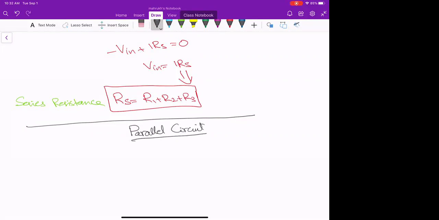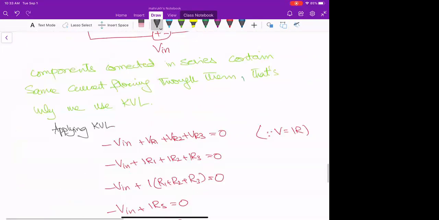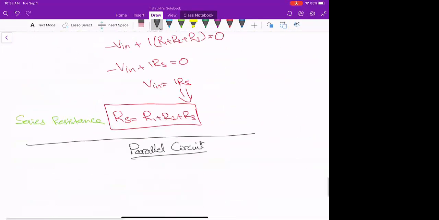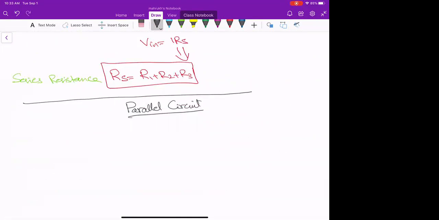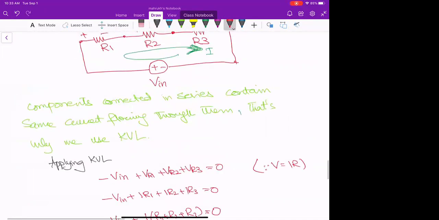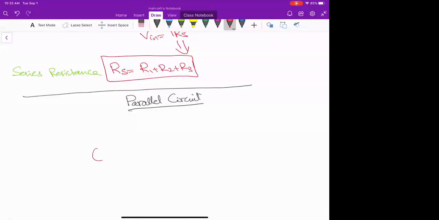Parallel circuits, as opposed to the series, have the components connected in parallel form. For ease, I'm just drawing the current source. It doesn't mean that you cannot draw the voltage source here. There can be n number of resistors, and similarly, there can be n number of resistors in series too, okay?